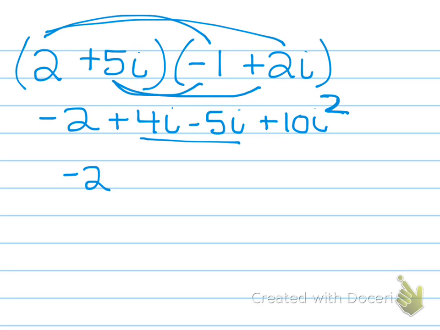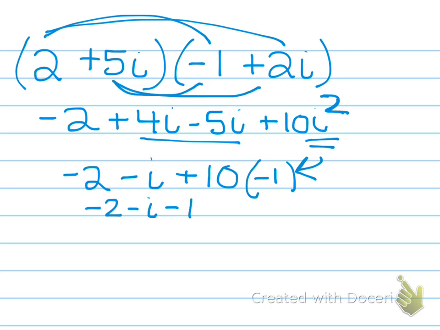So my middle two terms combine to give me negative i, and then I have 10 times negative 1 because i squared becomes negative 1. So I'm going to have negative 2 minus i minus 10. So my final answer is going to be negative 12 minus i.